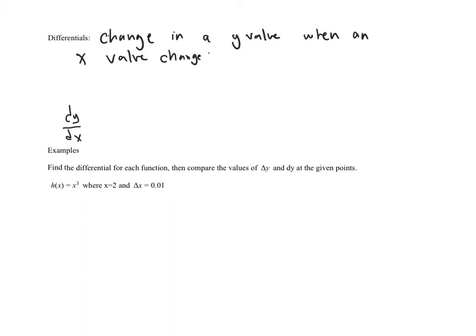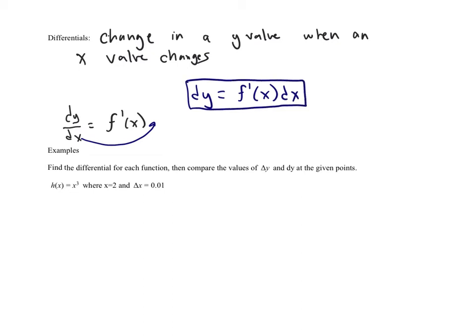Now the way we write this is, since we know dy dx is the same as f prime of x, the way we generally write a differential is dy equals f prime of x dx. So it's almost like we're multiplying this dx to the other side. So what this is really saying is the change in y is going to be the derivative at that x point times the change in x.